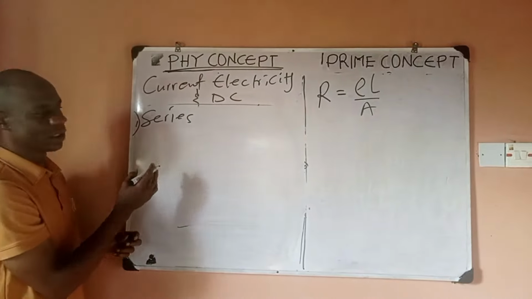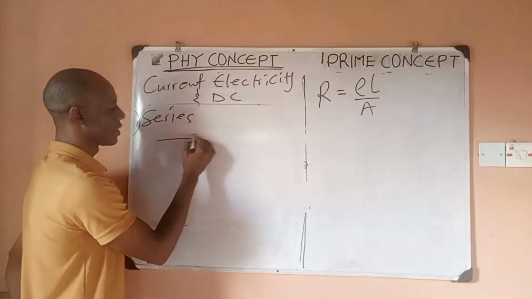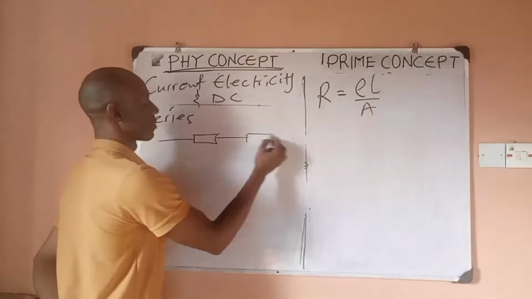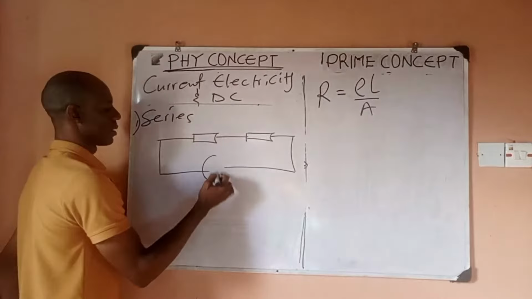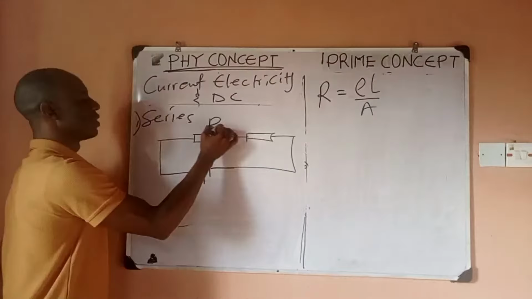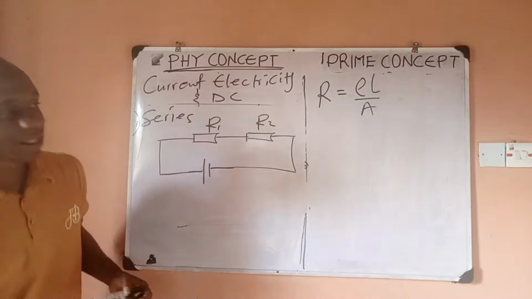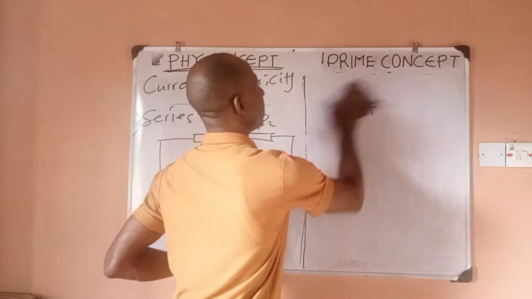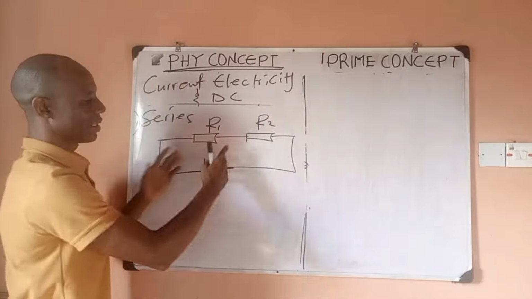Let's look at series. For series arrangement of resistors, you have like this. This is the symbol for a resistor. So if I have something like this, then it means resistors R1 and R2 are arranged in series. I believe you know this already. When you connect them straight, they are in series.